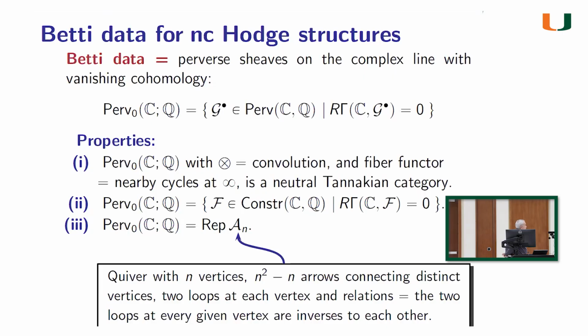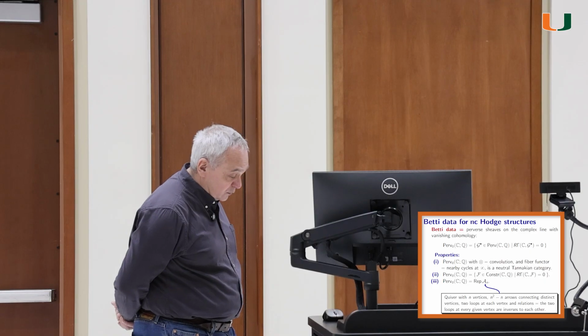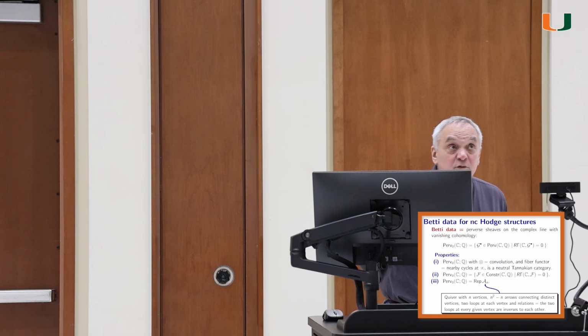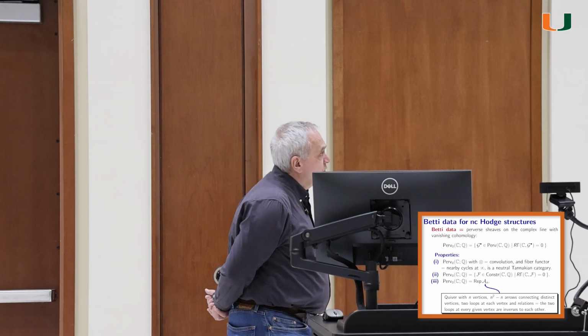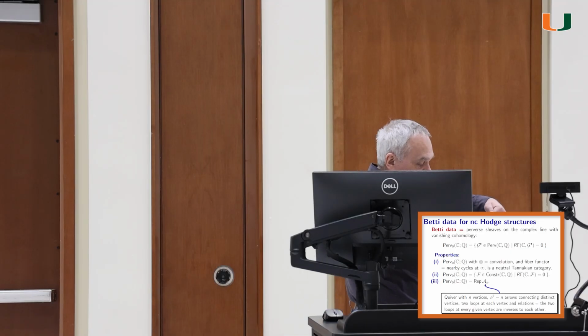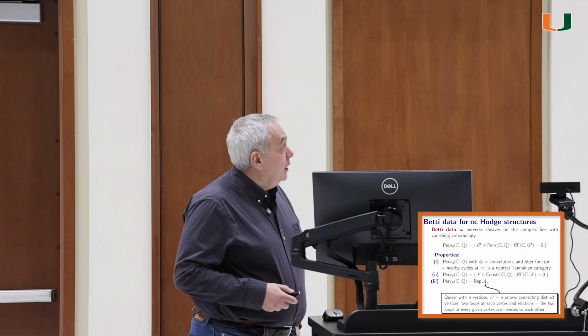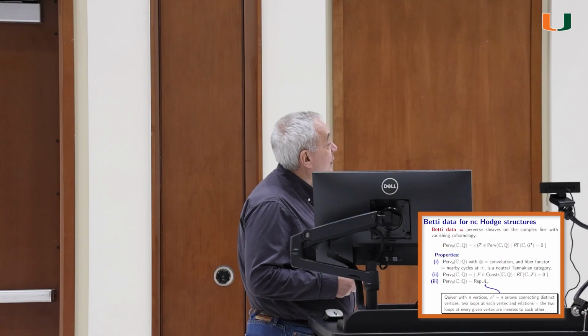The quiver is a full quiver with n vertices, n² − n arrows connecting all pairs of distinct vertices, and two loops at each vertex, with the only relation saying that the two loops at each vertex are inverses to each other. So this is this category Perv 0.